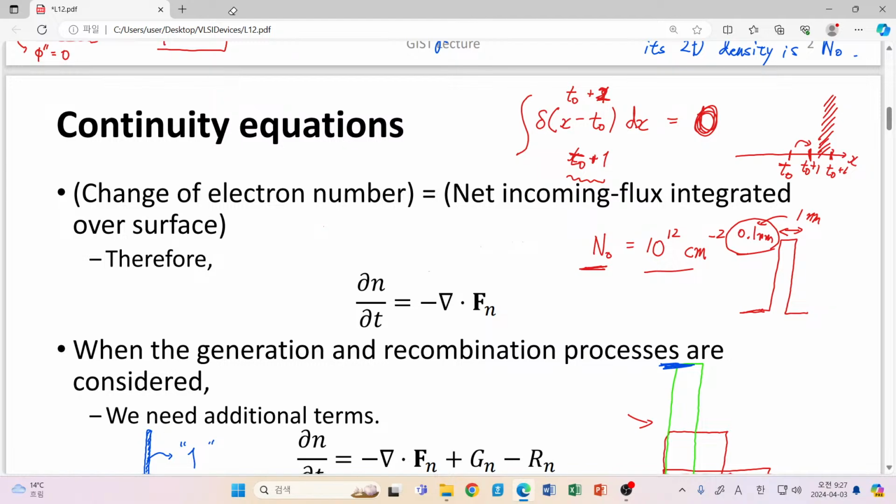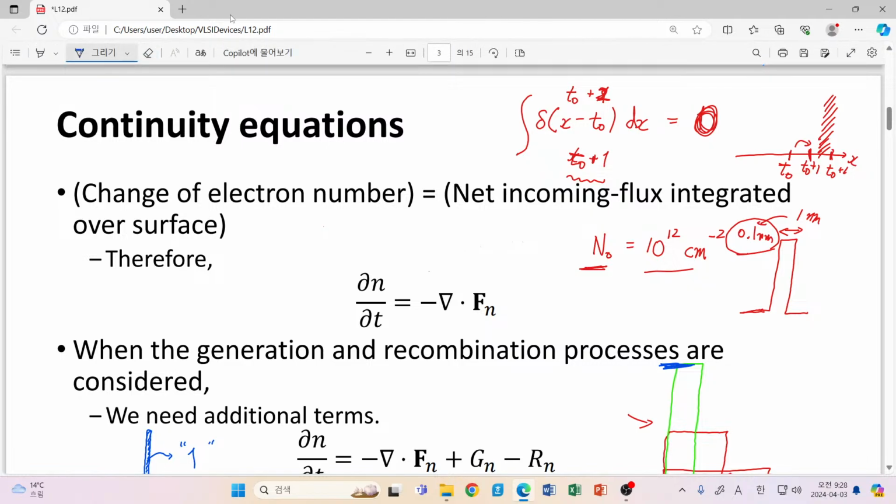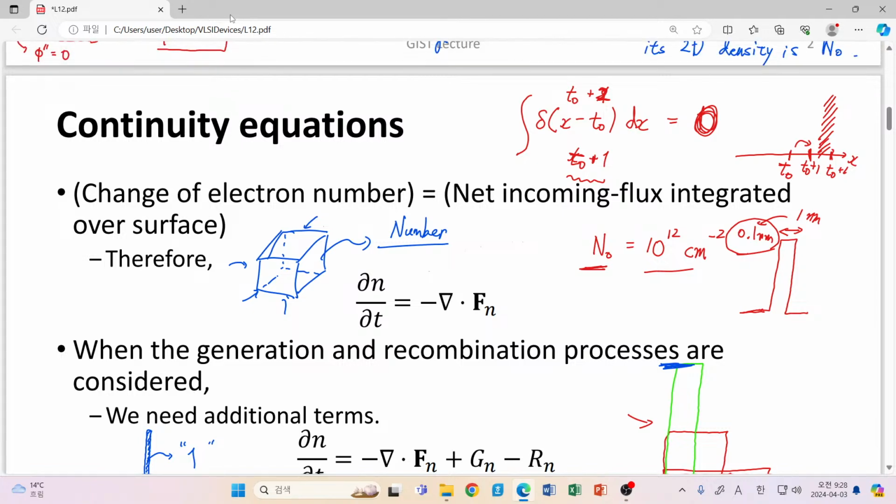So if we wanted to estimate the time dependent number of particles inside this small box, it is related with incoming flux of that given particles. If we are counting the number of electrons, then we must consider the incoming flux of our electrons.